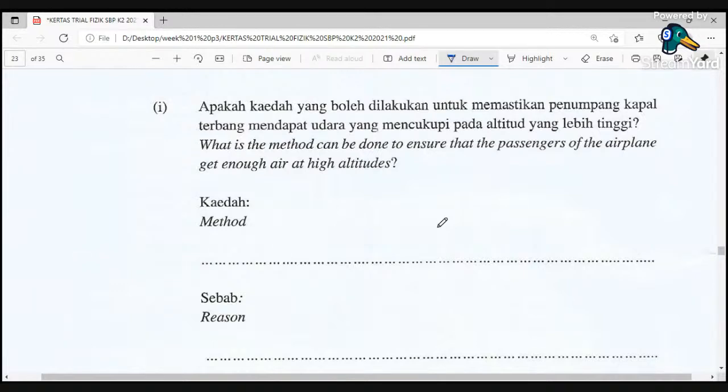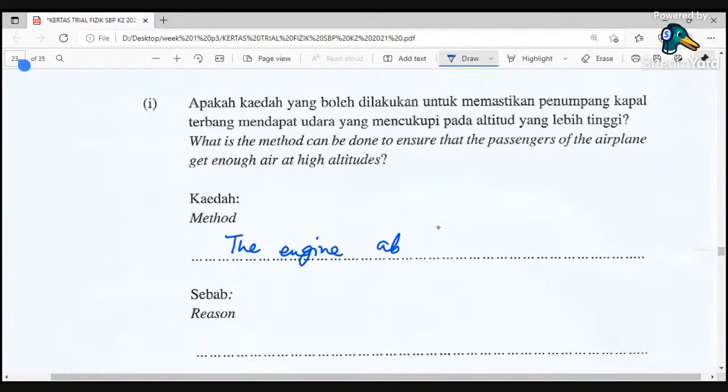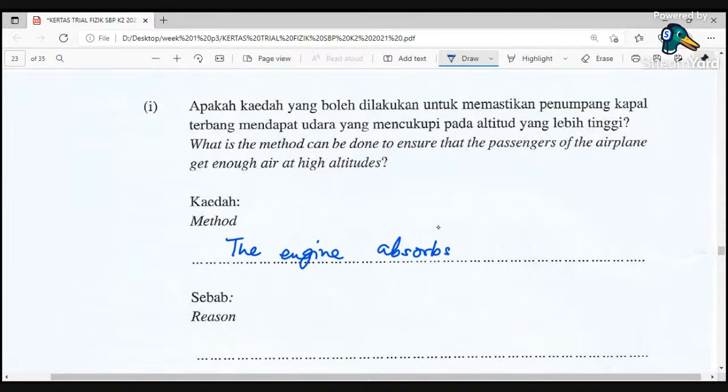So for example, the answer you can write is to increase the rate of absorption of air through the engine. Okay, the engine absorbs more air.